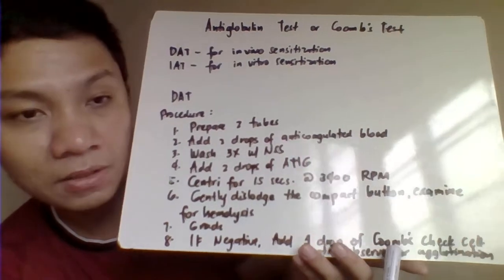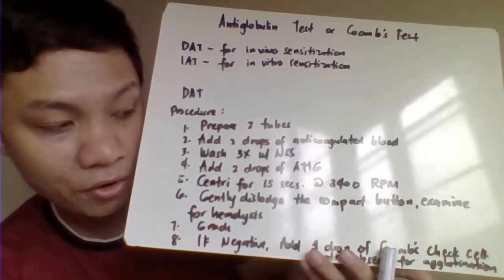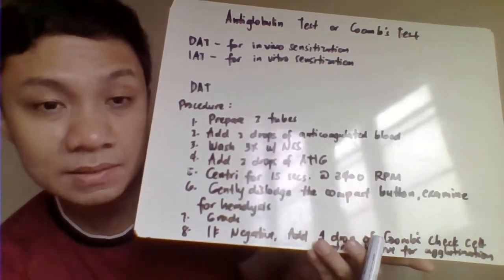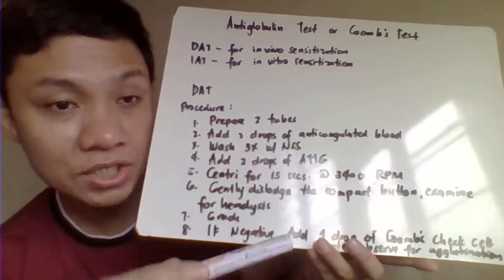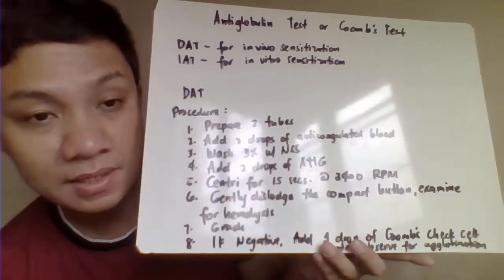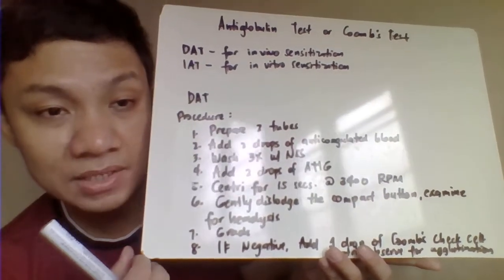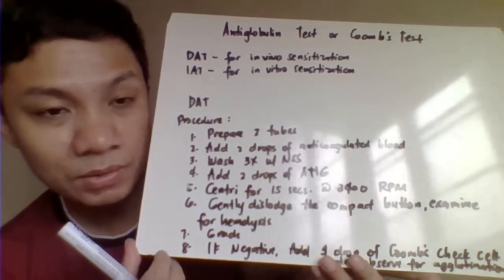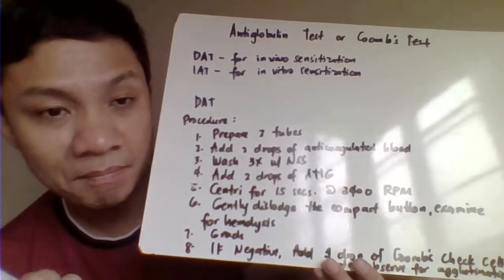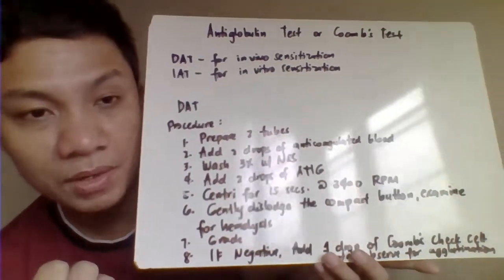So maglalagay ka nito. This one is your positive control. So dapat pag naglagay ka nito, since positive control ito, dapat after centrifugation, upon addition of your Coombs check cells, dapat meron na siyang agglutination reaction. Pag walang agglutination reaction, what would be the reason for that? Number one, baka hindi ka nag-add ng anti-human globulin reagent.